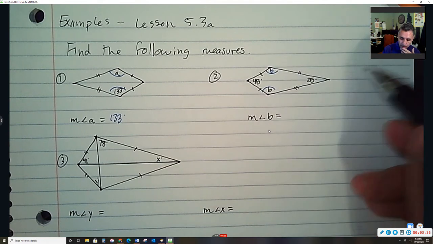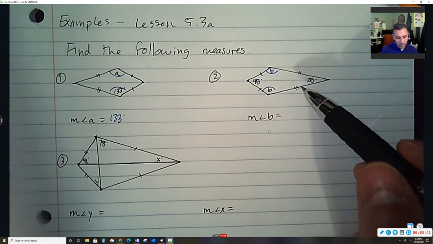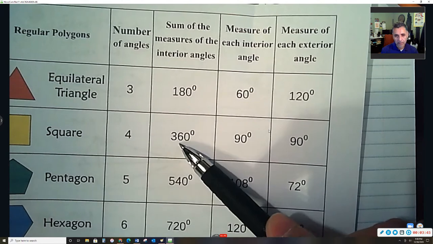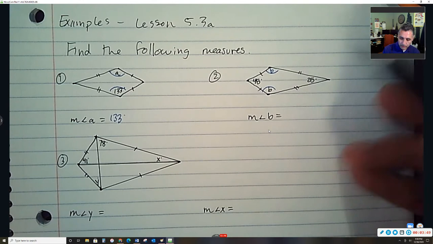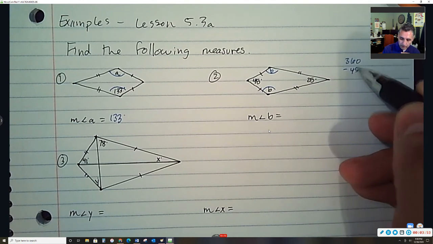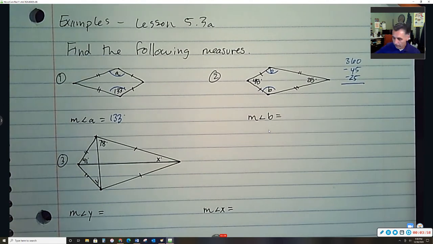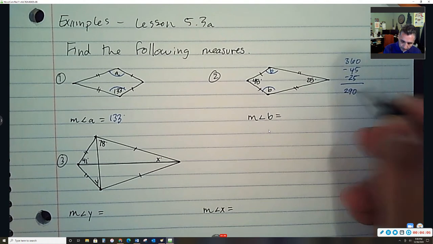See, these are the two that are not equal, so that means this one is equal to this one. And because it has 4 sides, remember, whenever it has 4 sides, the interior angles equal 360. So I know all 4 of these should equal 360. What I could do is subtract out the angles I don't know. 360 minus 45 minus 25. When I subtract those, I get 290.